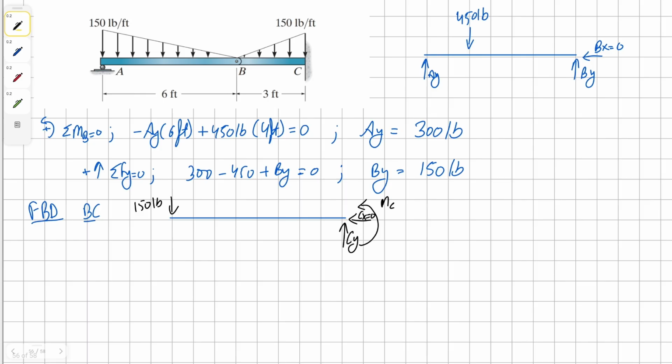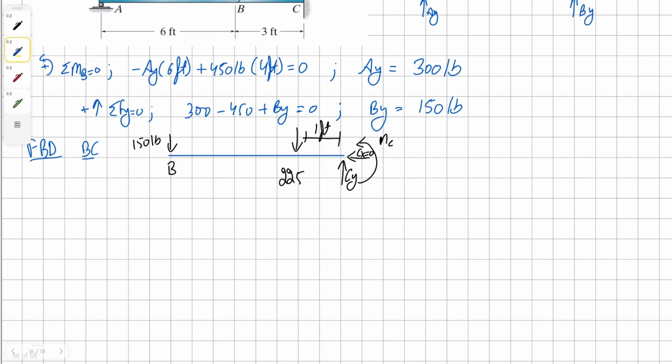Vertical we still need to find, and then we have a point load. This point load is going to be 150 times 0.5 times 3, which is 225. And this load is 1 foot away from C.